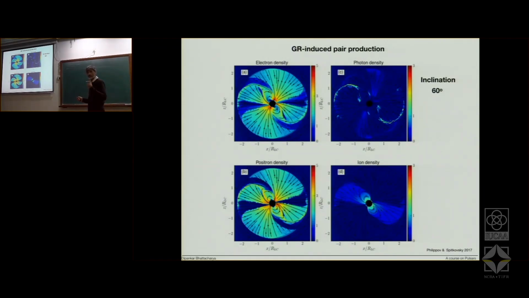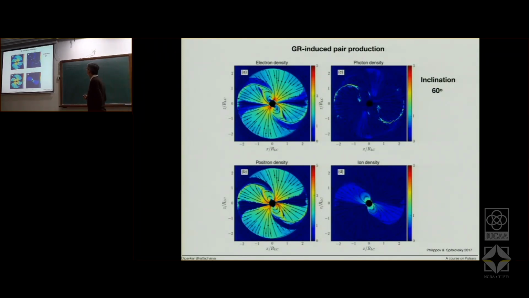If you now have an oblique rotator, then you have this equatorial current sheet that opens up like a ballerina skirt, and you get these larger open regions where you can have the particle acceleration and flow, and including now the polar cap region where because of GR you have particle accumulation.